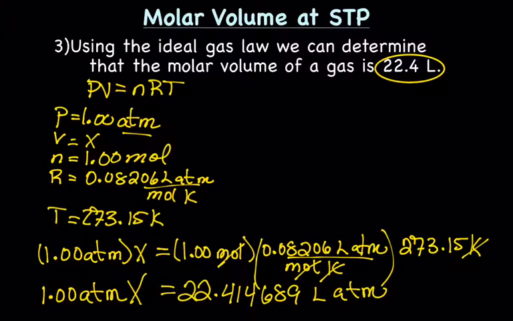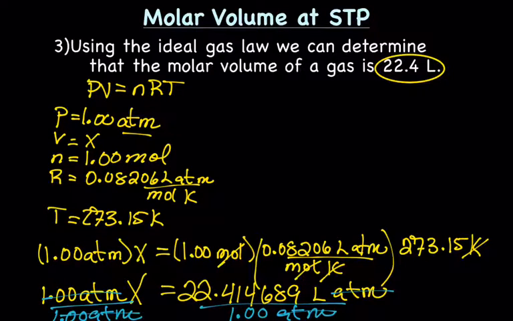And to get the x by itself, we need to divide both sides by 1.00 atm. So our atm cross out, and 22.414 blah blah blah divided by 1 is 22.414 blah blah blah. So we have our answer.